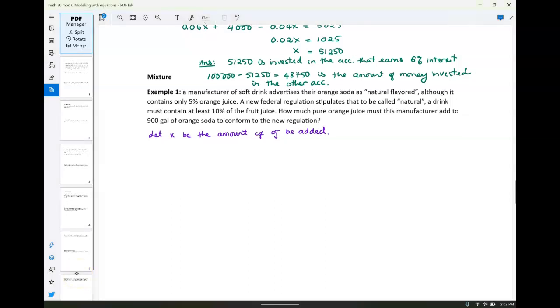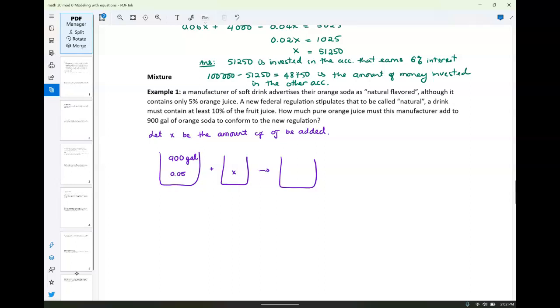Let's start with the original amount, that is 900 gallons, that contains 5% orange juice. Now we need to add actual orange juice, X amount, to create a mixture that conforms to the new regulation.